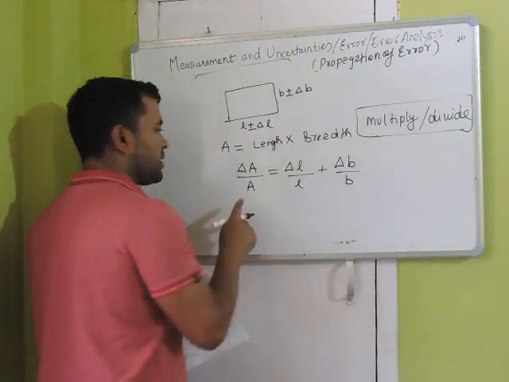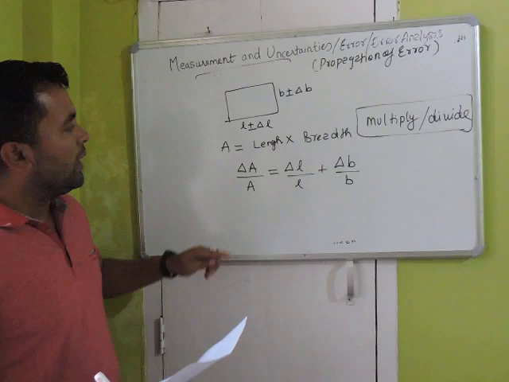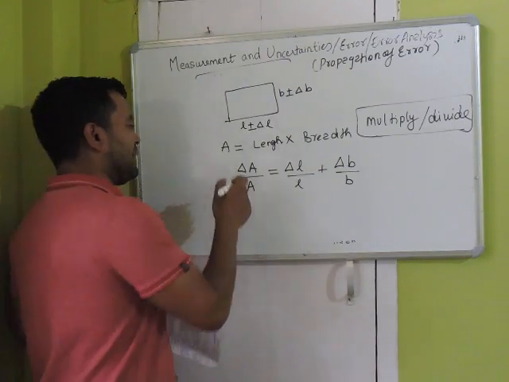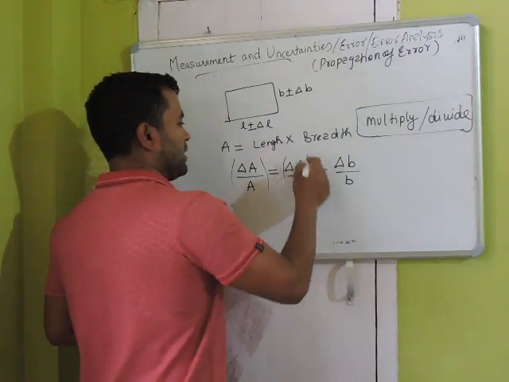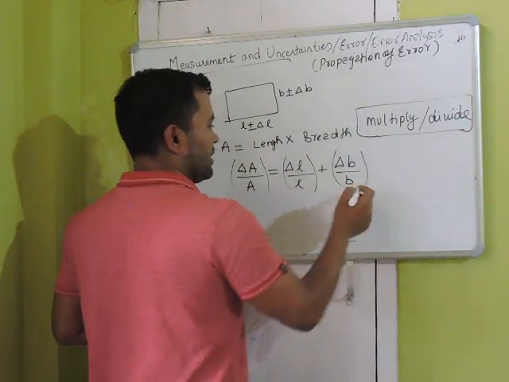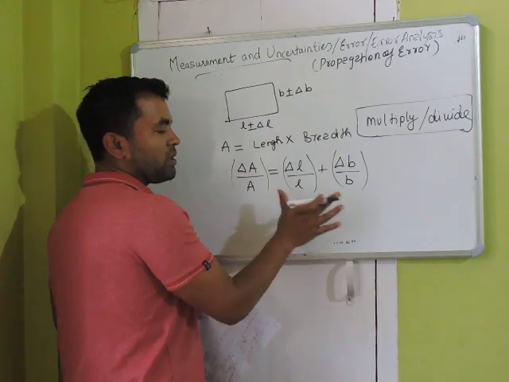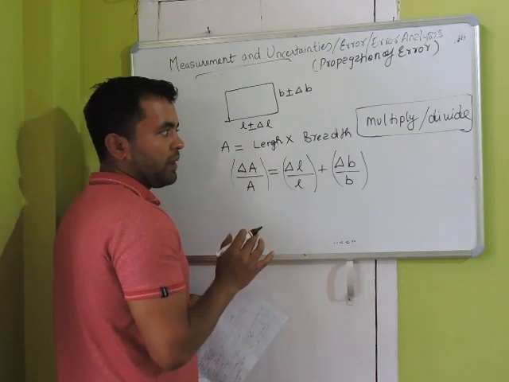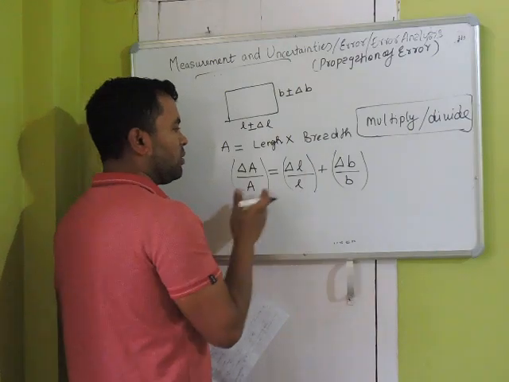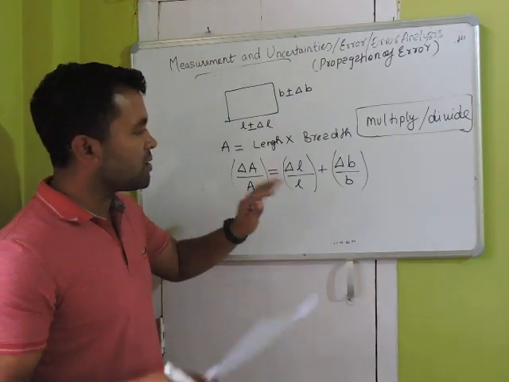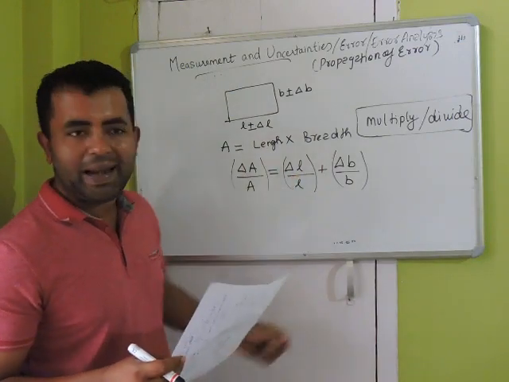In multiplication, this is the fractional error in A, this is the fractional error in L, and this is the fractional error in B. The fractional error in area should be written like this, fine. Now this may look odd, but let us just understand it, it's getting added.